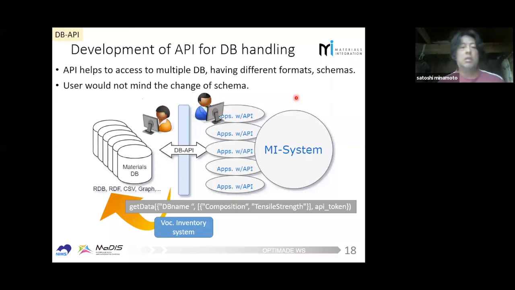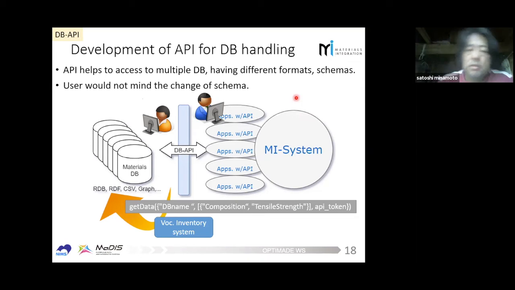And here are the APIs of the database. So why is the API better instead of query building or something like that? Because the API helps with multiple databases.